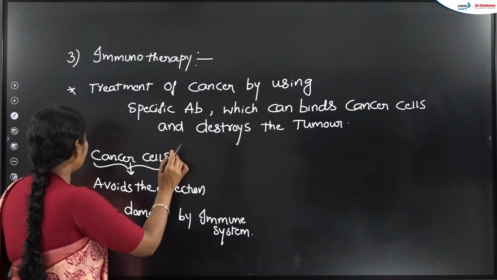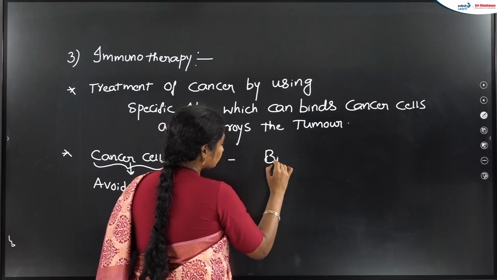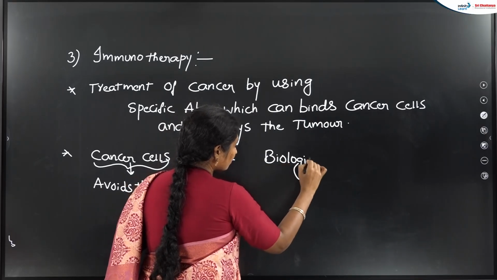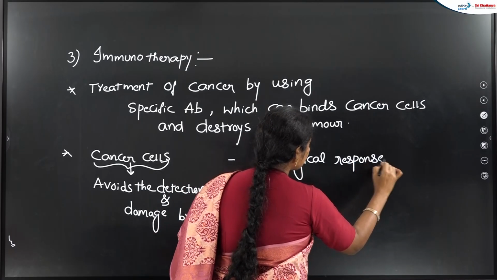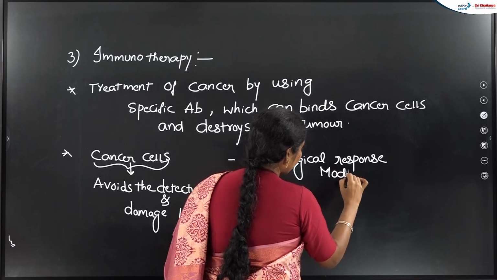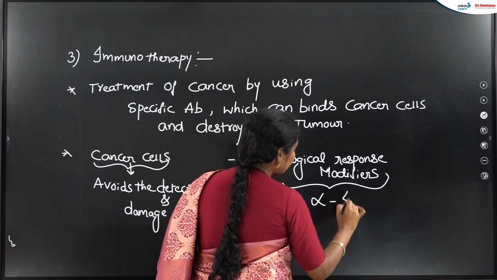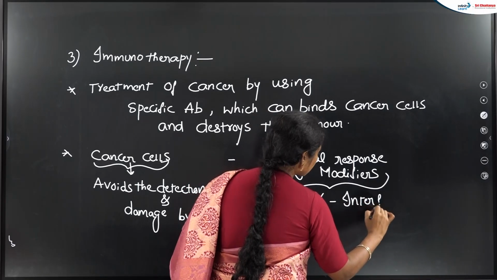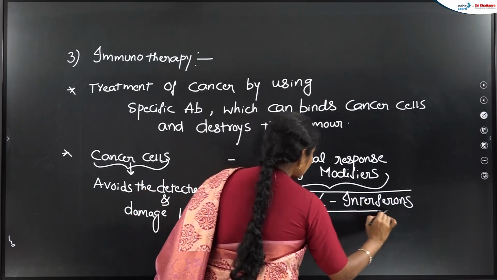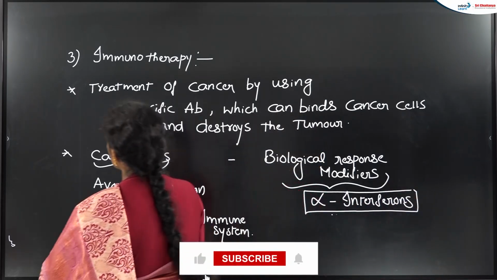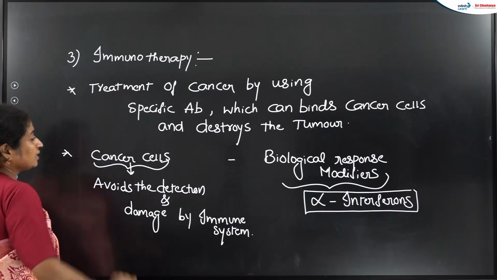So this property we can avoid by injecting some biological response modifiers. The patient has to take these biological response modifiers, called alpha interferons. This is actually the best method without any side effects. The patient will have very minimal side effects compared to the other methods.